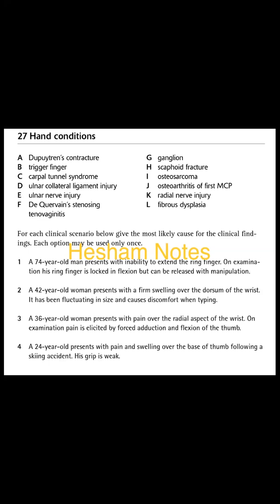Four. A 24-year-old presents with pain and swelling over the base of the thumb following a skiing accident. His grip is weak. This is a scaphoid fracture? Yes, this is also a difficult question. It is called a gamekeeper thumb.